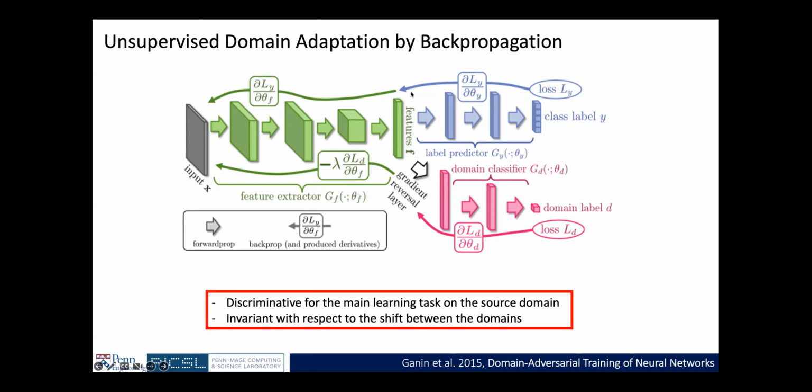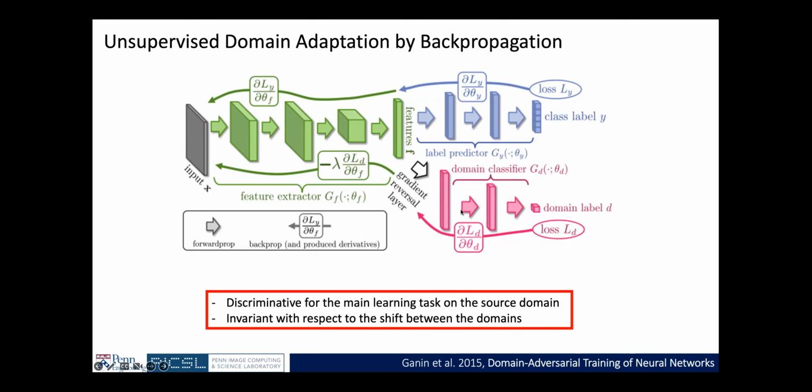It goes through this feature extractor part. And the first loss that you have is your class prediction loss, where you're predicting what kind of image that is, a horse or a cat, right? And the second leg of the network is to take these features and have another loss function, which classifies what distribution that particular image is coming from. Is it coming from your source data sets or your target data sets, right?